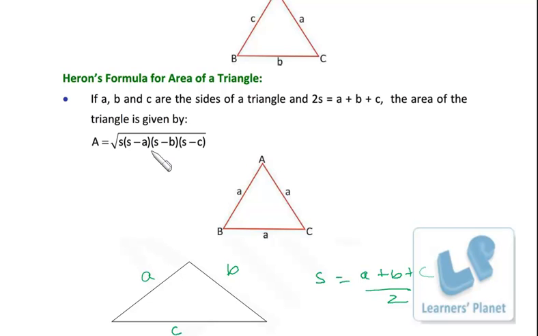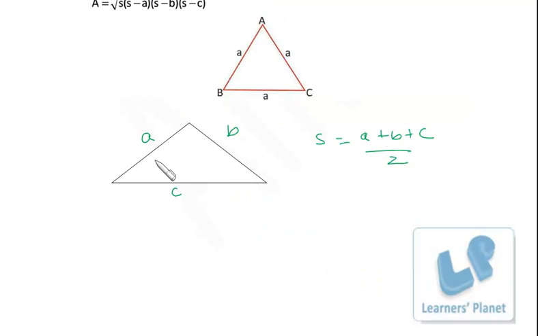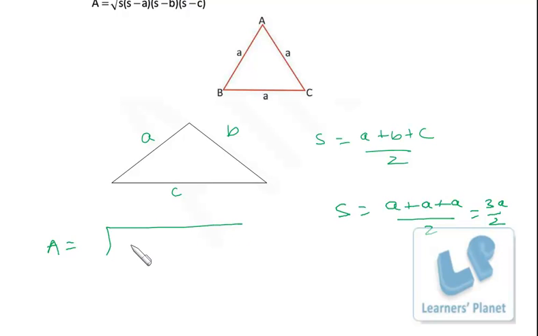Now suppose it is an equilateral triangle. Now if it is an equilateral triangle, what would happen? A, B and C, all of them will be same. So S will be A plus A plus A by 2, that is 3A by 2. Now if I put the value of all of them into the formula S, S minus A, S minus B and S minus C, then see what happens.